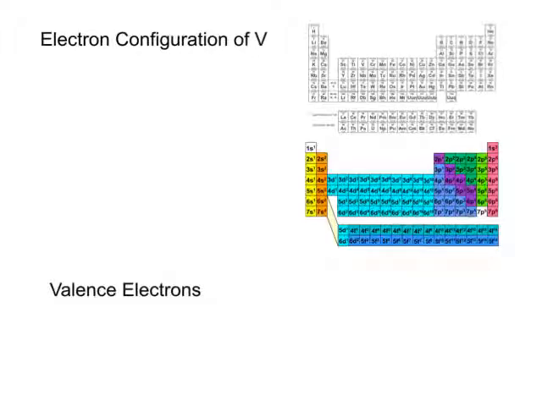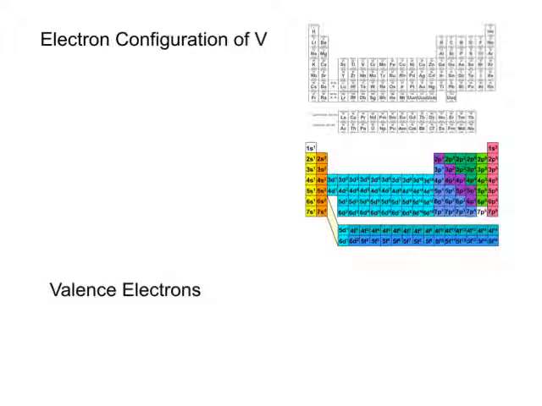Okay, for my next example, I want to do an element a little further down the table. It's vanadium, atomic number 23, which corresponds to 3d3 on this periodic table. So again, I'm going to follow the pattern of going through all the different letters that it takes to get to 3d3.